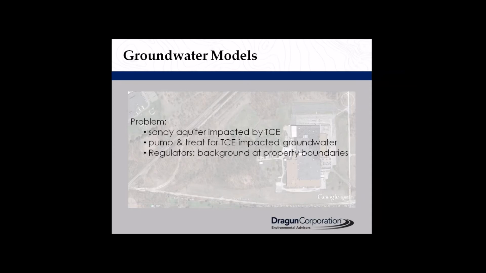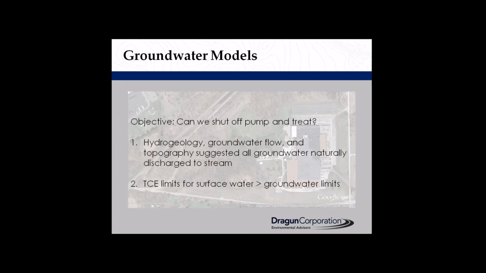Pump and treat cost about $100,000 per year to remediate, and it would go on forever. And the regulators wanted our client to meet background at the property boundaries, so you couldn't release anything from the downgradient property boundaries in the groundwater. So our objective, after we started looking at this, was to see if we could do this better. Can we shut off the pump and treat?